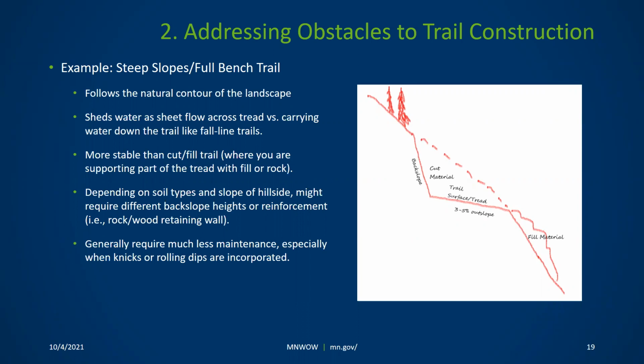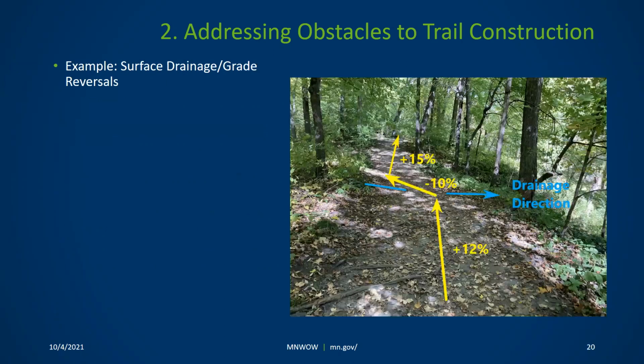They're more stable than cut and fill trail, where you're actually building the treadway on top of fill material. As you can see in the picture, we're side casting fill material down off the trail. Depending on the soil type, we might need different backslope heights, but generally they require much less maintenance when they're correctly installed, especially when we get nicks or rolling dips incorporated.